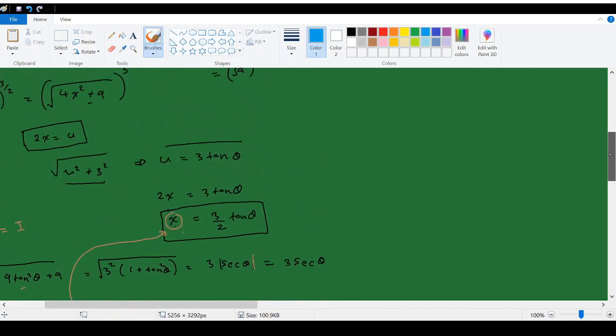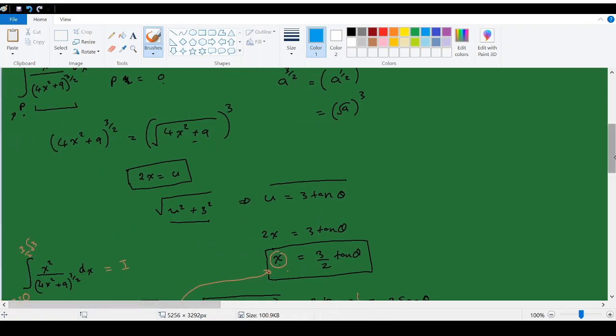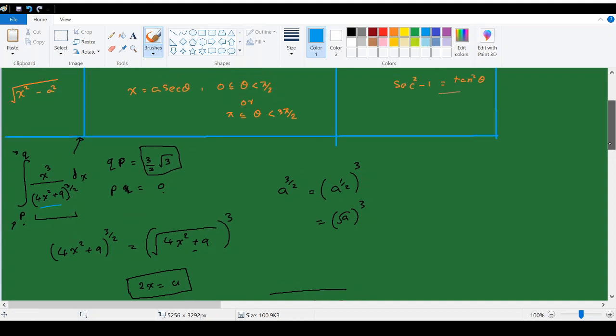So the important point here is that just by looking at this integral, we were unable to find a suitable category.